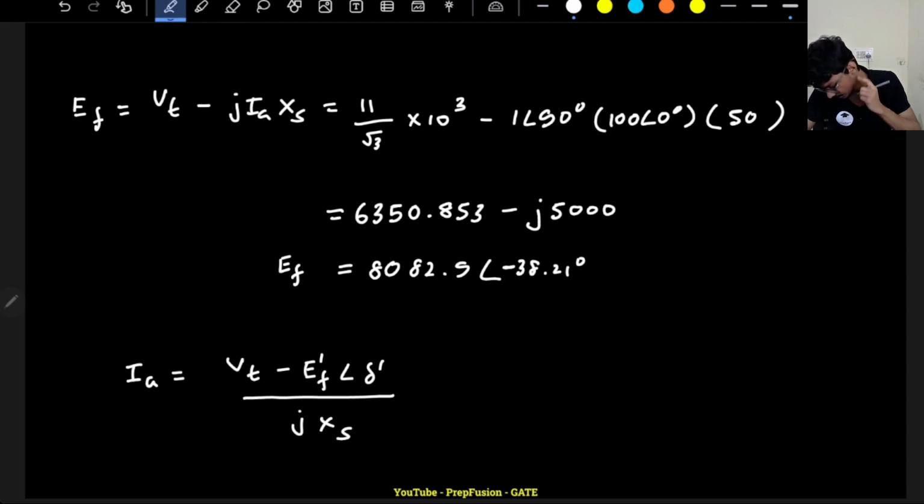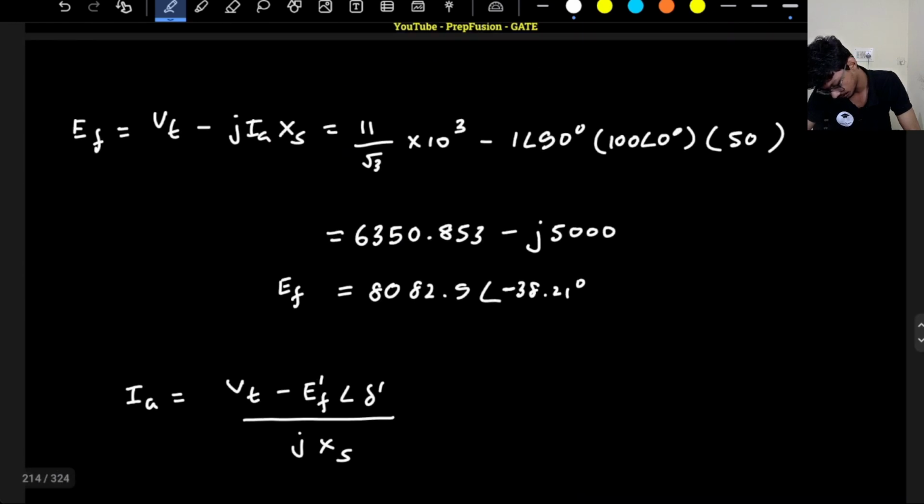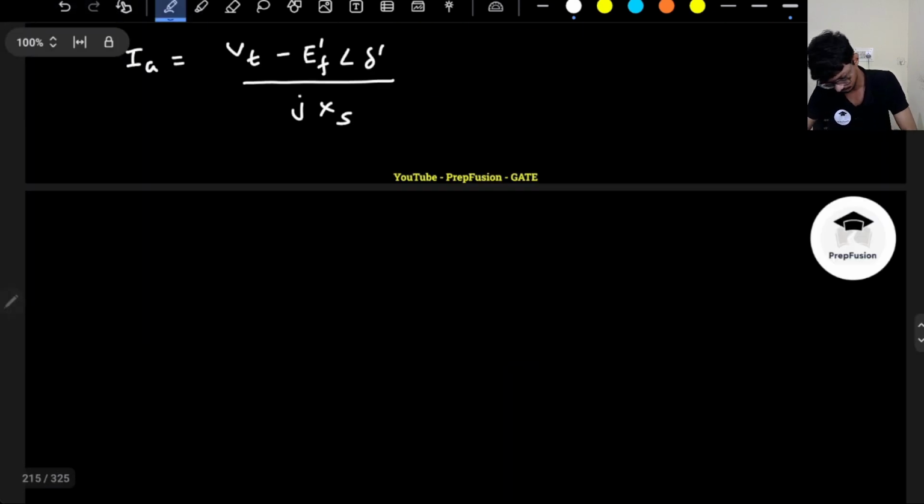Here I don't know EF and the angle. They have just told us that the load torque is increased, and the magnitude of current is 120. So can I somehow do something here?